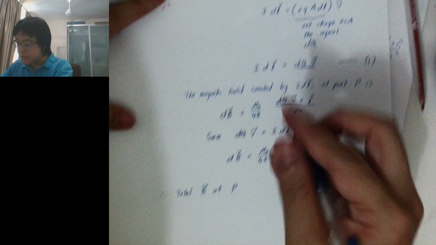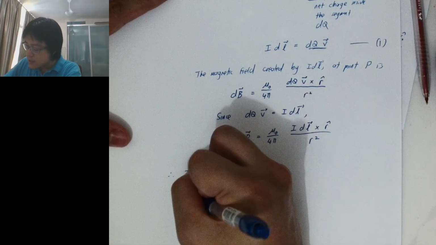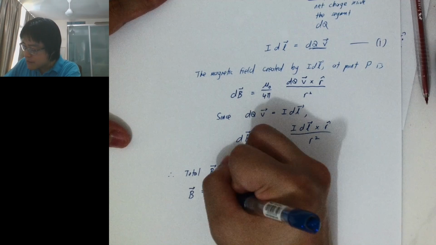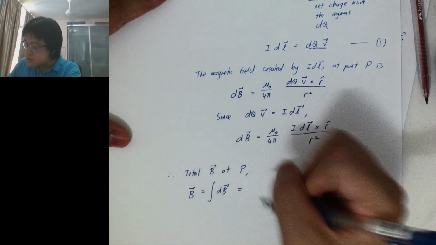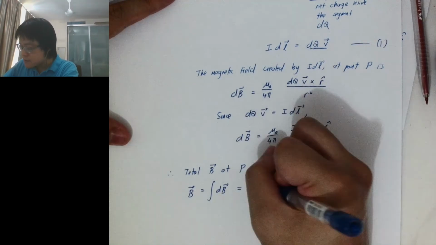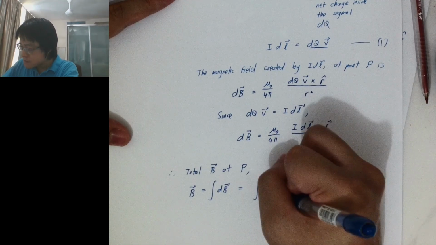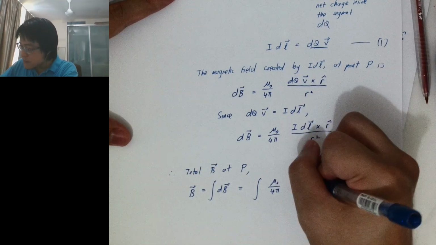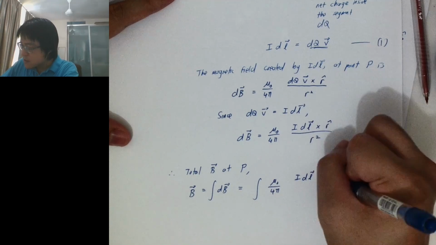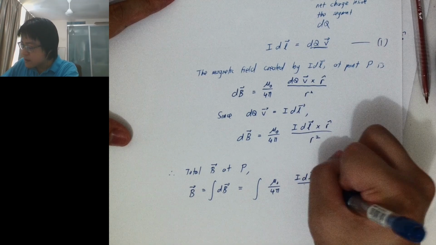So the total magnetic field is just the integral of all the magnetic fields created by all the segments. So it's basically the integral of idl cross r hat divided by r squared.